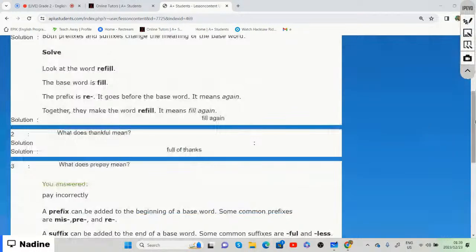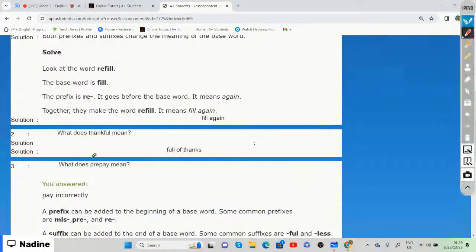And prepay. So what does prepay mean? Pay is the root word. Pay is when you go to the shop and you, for example, give your money and then they give you the goods.